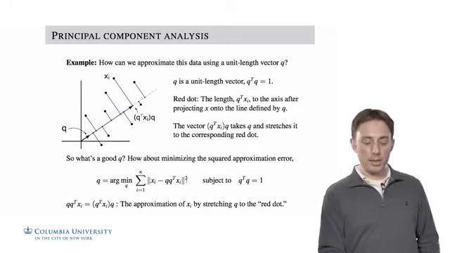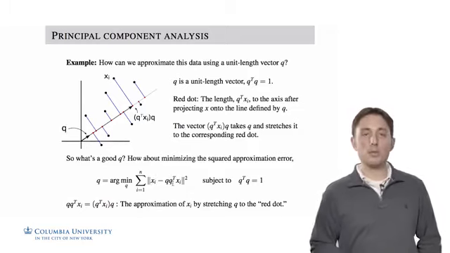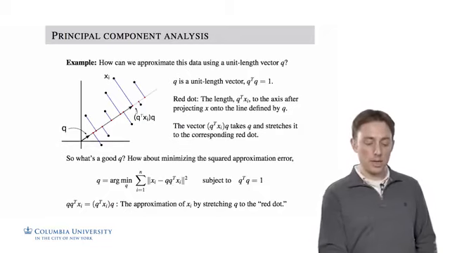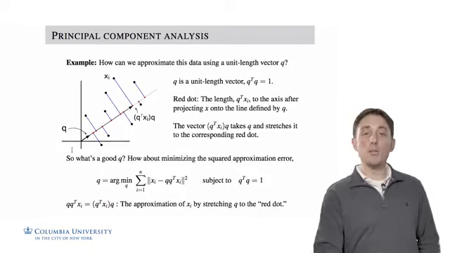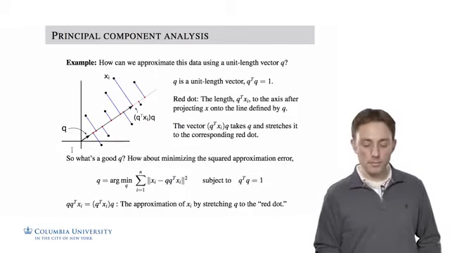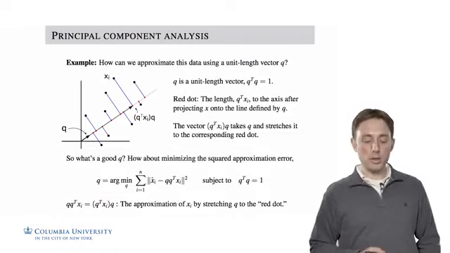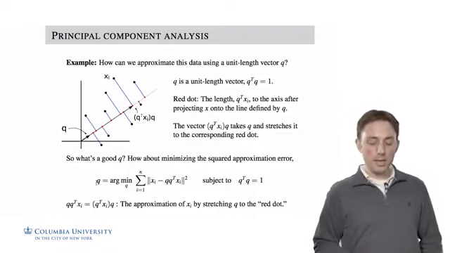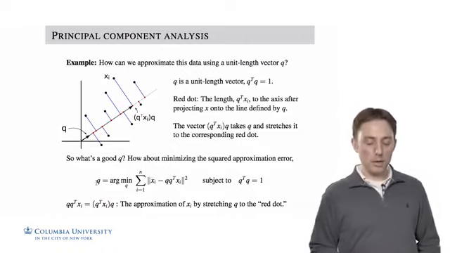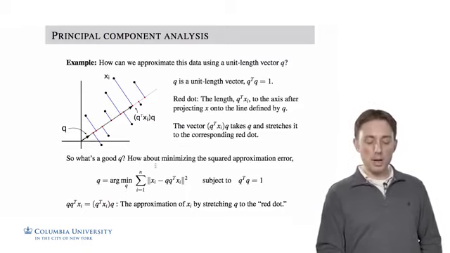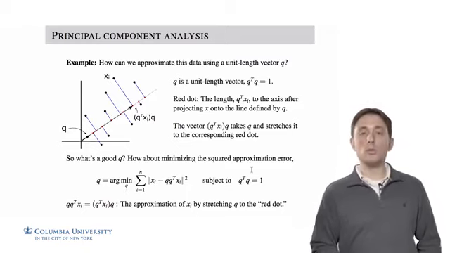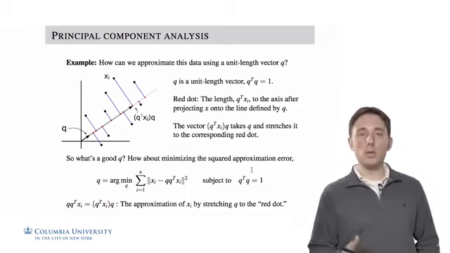That's all this is showing: we're taking this two-dimensional vector and approximating it with this two-dimensional vector. But all of those approximations have to fall along the same one-dimensional subspace. We square that error and sum the squared errors, and we try to find the vector q that minimizes this sum of squared errors, subject to q having to be unit length.